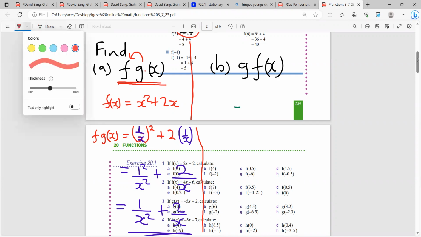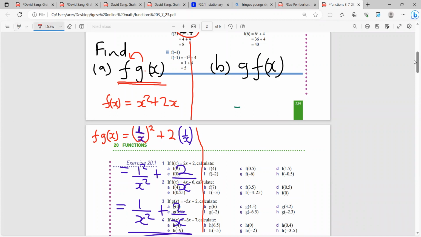All right. In this case, we need to find g of f of x. f is on the right, so f must get into g. So our g of x is equal to 1 over x.